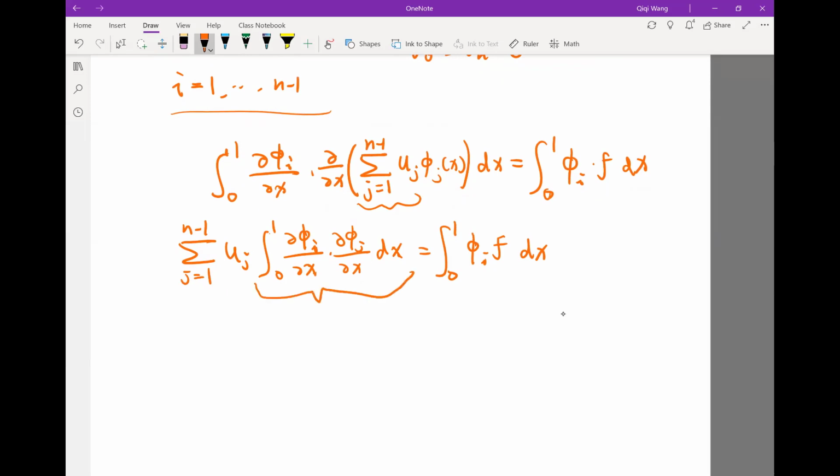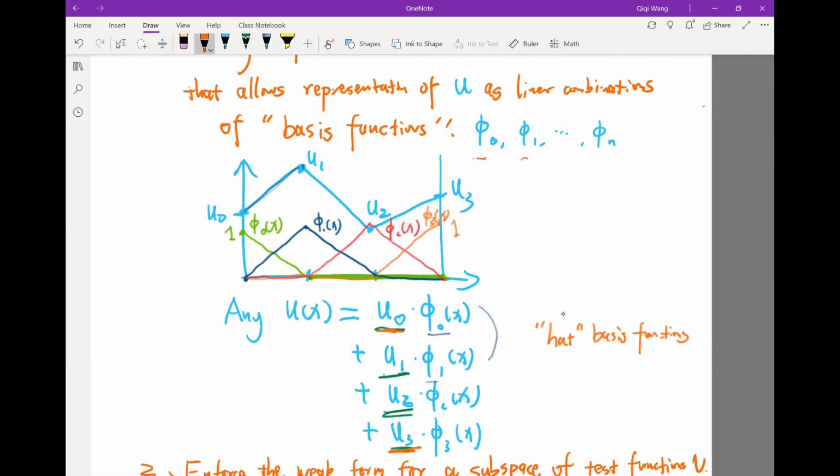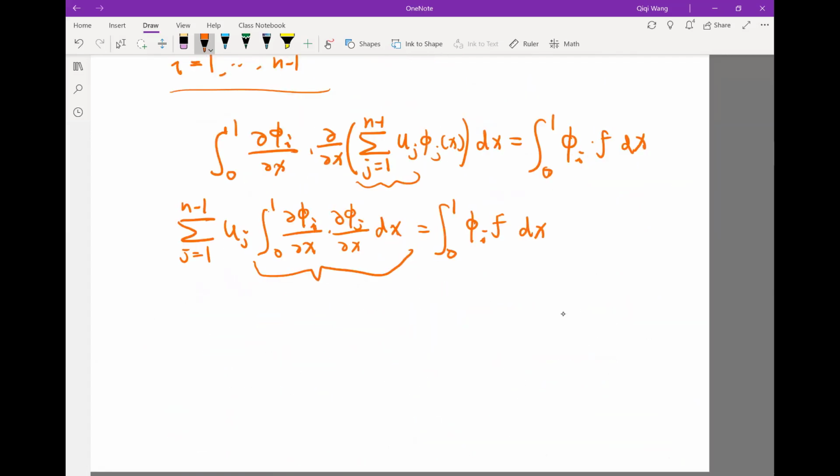Look at what this is. Phi is something we have already drawn. Phi is a known function. Once we know the grids, once we know how the elements are distributed, we know exactly the function form of phi_i, phi_j. So this is something we can already pre-compute. So let's just call this a_ij.